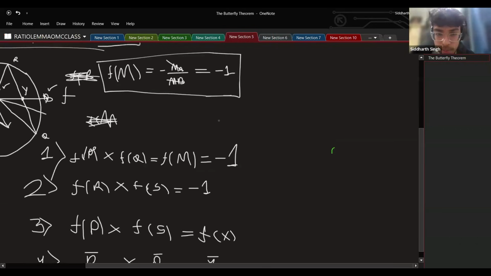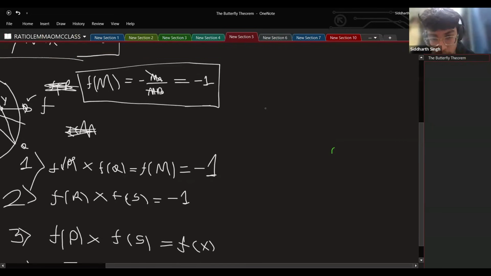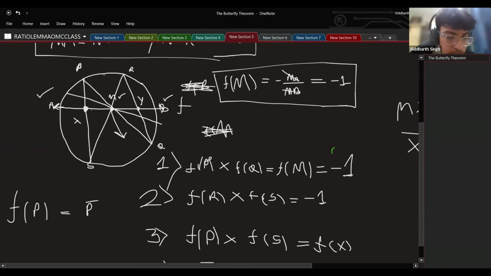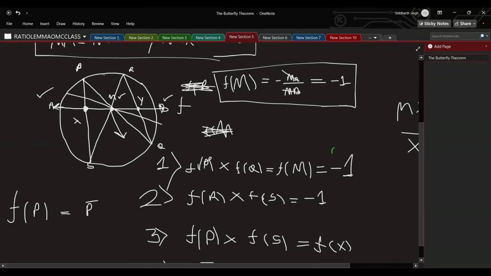If mx is equal to my, then what will be the relation of x bar and y bar? Just take your time on this. This is pretty easy to derive. Just try this for a minute or two. I'll be right back.